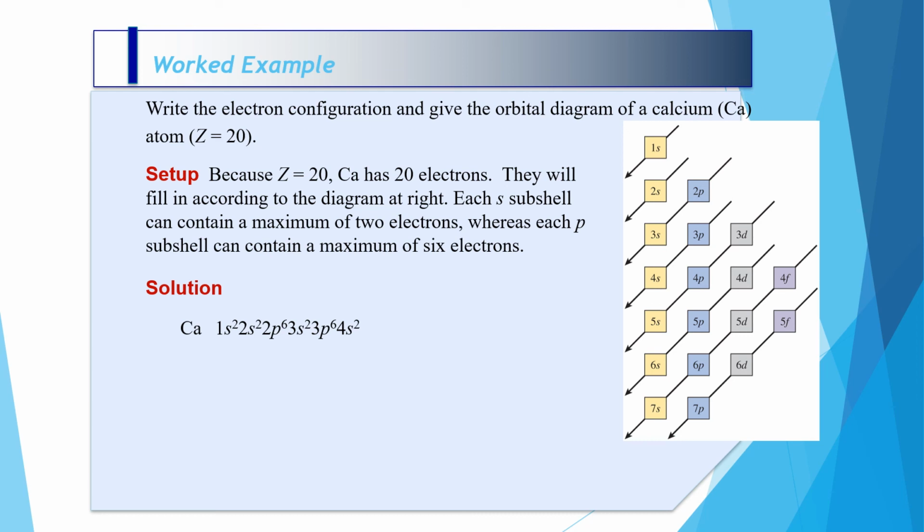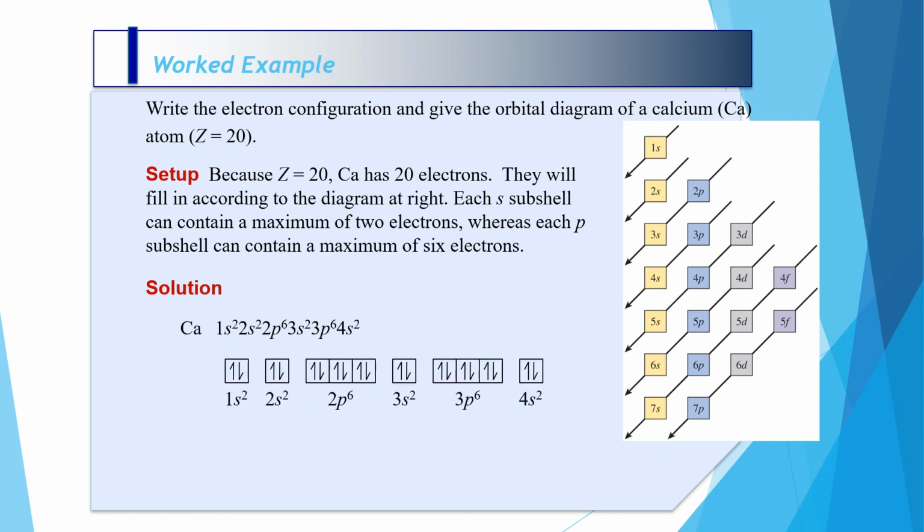Until here, I have completed Z equals 20. Very good. So this is the arrangement: 1s2, 2s2, 2p6, 3s2, 3p6, 4s2. This is the electron arrangement. This atomic number Z equals 20 is calcium.